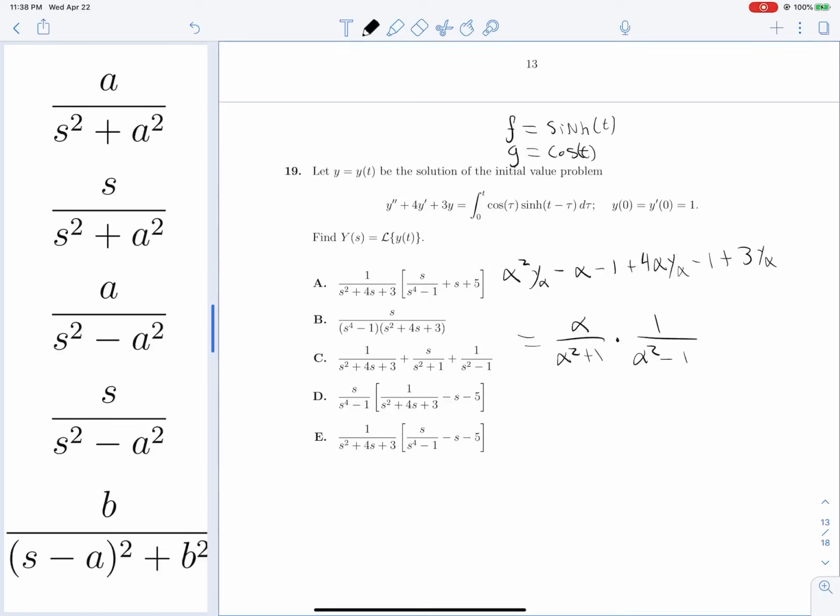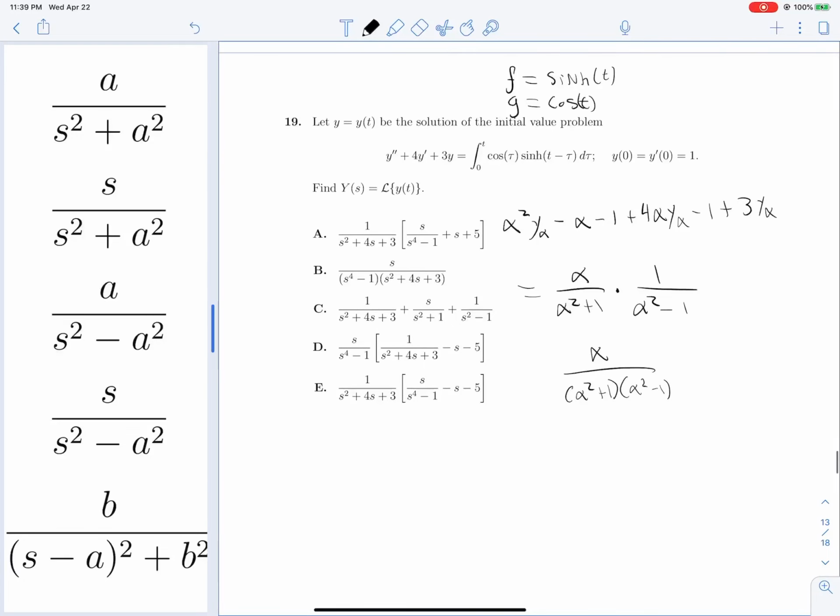So multiplying these together, we'll get alpha over alpha squared plus 1 multiplied by alpha squared minus 1, which is alpha to the 4th minus 1, although I don't know if we want to actually do that. I'll just leave it as alpha squared plus 1, alpha squared minus 1 for now.